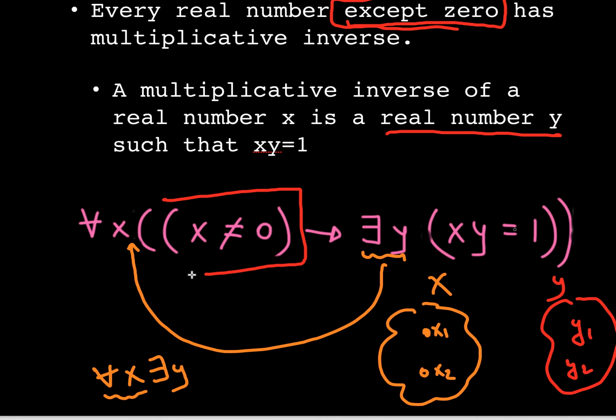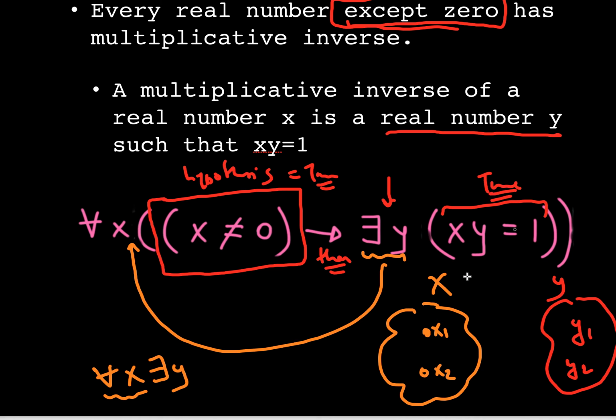I'm just saying that if you can give me an x such that x is not equal to 0, and once this hypothesis, this red box, my hypothesis, is true, then this arrow tells us the then part: then there exists a y. So if the hypothesis is true, then yes, there is some y out there such that xy equals 1 is going to be true as well.